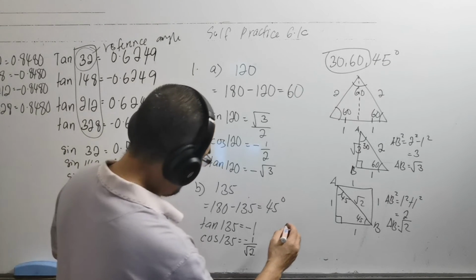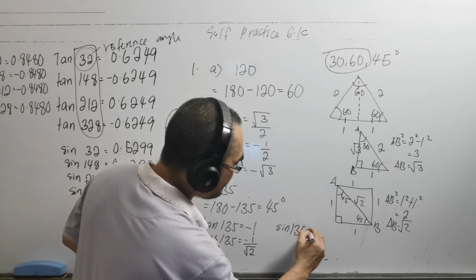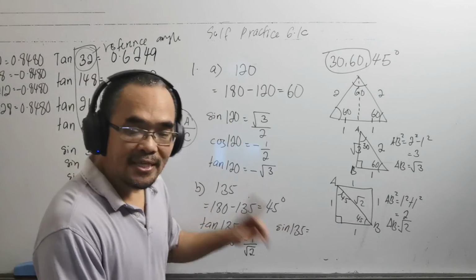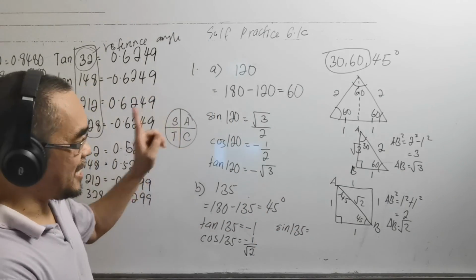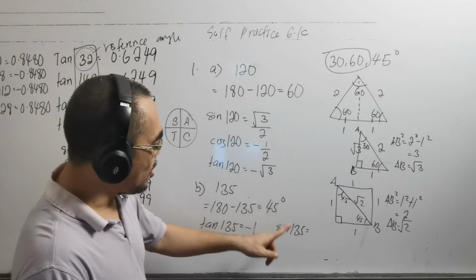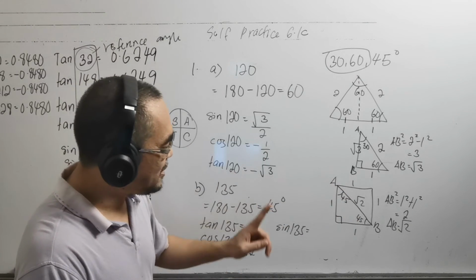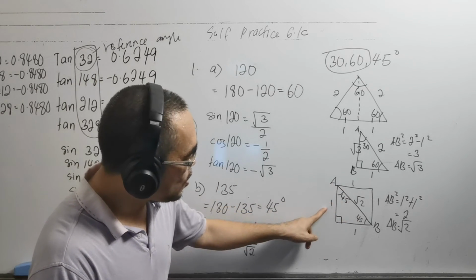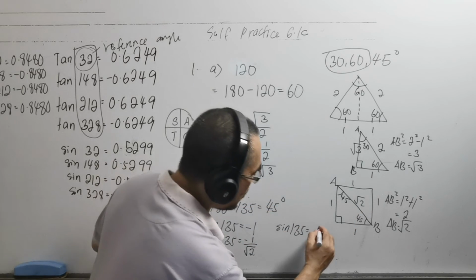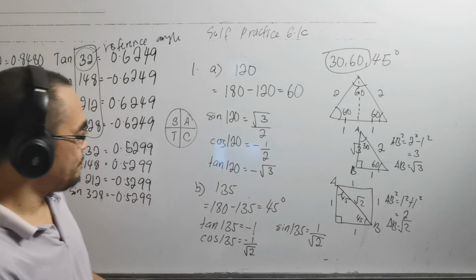And then sine 135: in the second quadrant, sine is positive, you don't write positive. To find the value, you look at angle 45. Sine 45 is opposite over hypotenuse, so 1 over square root of 2.